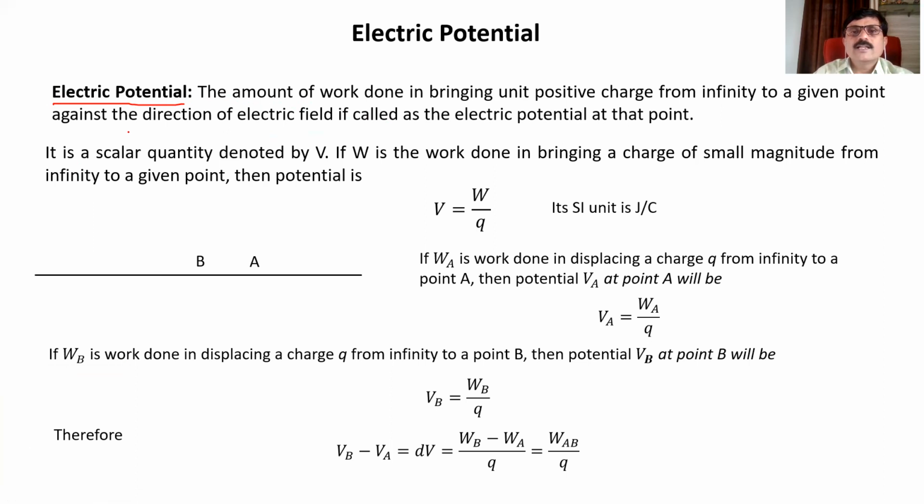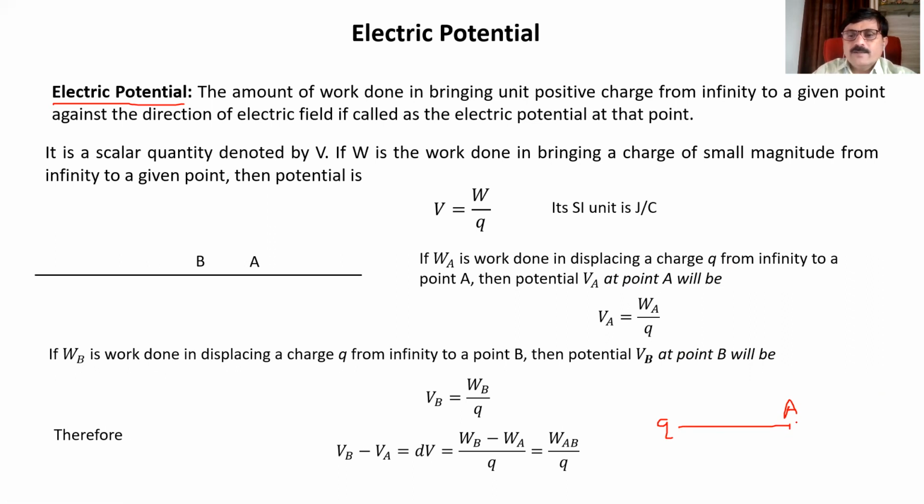That means, suppose here is the charge and electric field lines, they will be in all directions. And suppose here is a particular point A. Then we know how the electric field at this point is given, and what is the force acting, all these things that we have discussed.